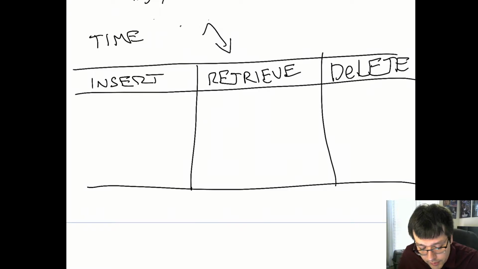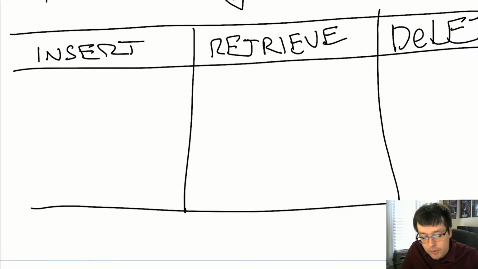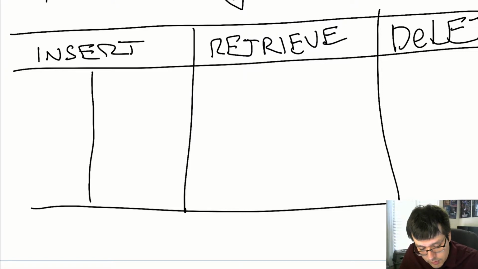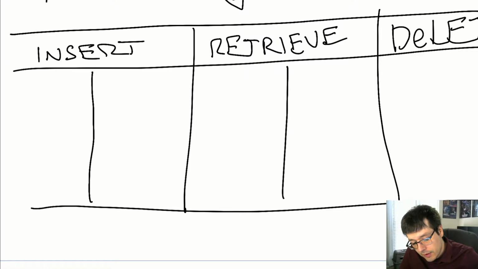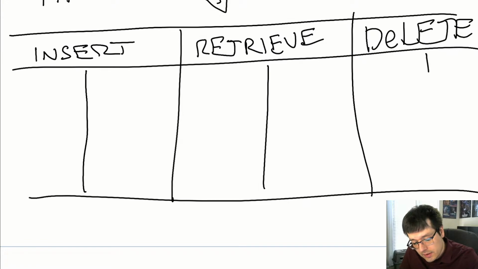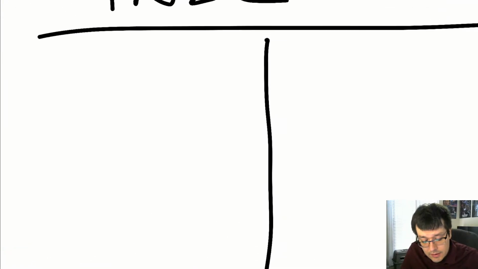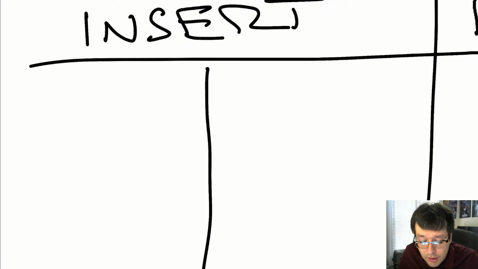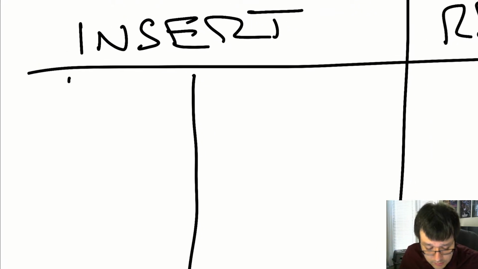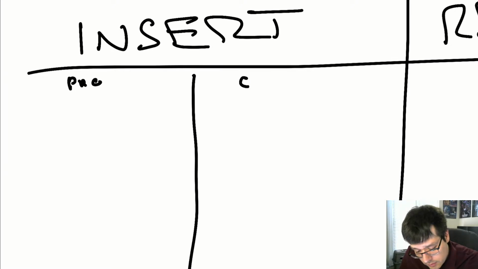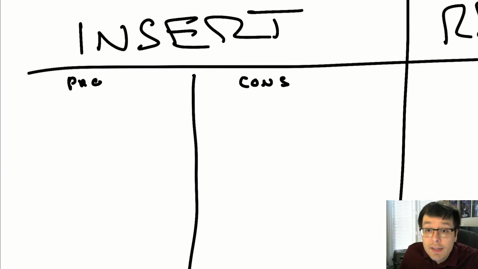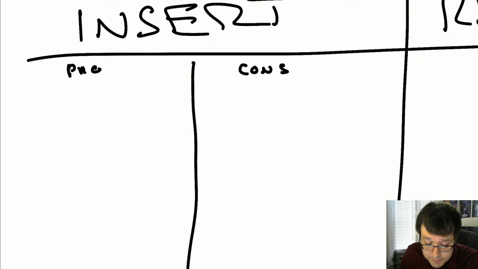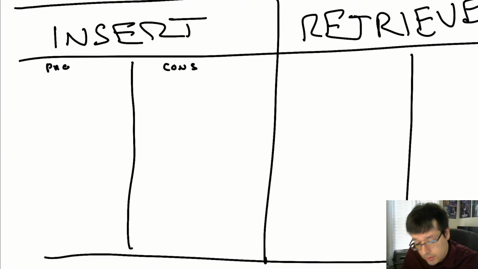So what we're going to do is split this even further into 2 columns like this, and then list the pros and cons of a linked list in comparison to an array.